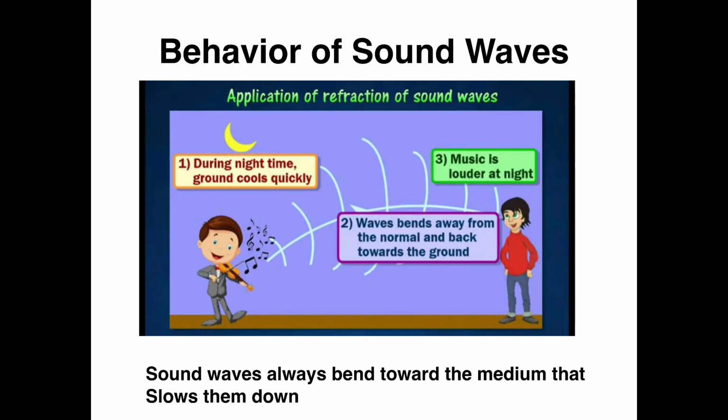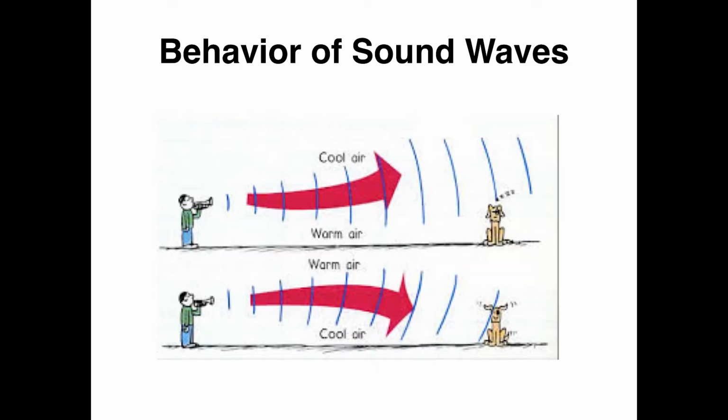Let's look at this another way. Here's a situation where you have warm air closer to the ground, say during the day when the sun is beating down on the ground, and cooler air above, and it bends toward the medium that slows it down, so it bends up toward the top.